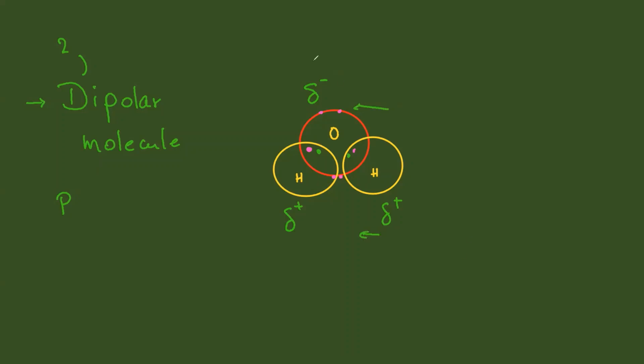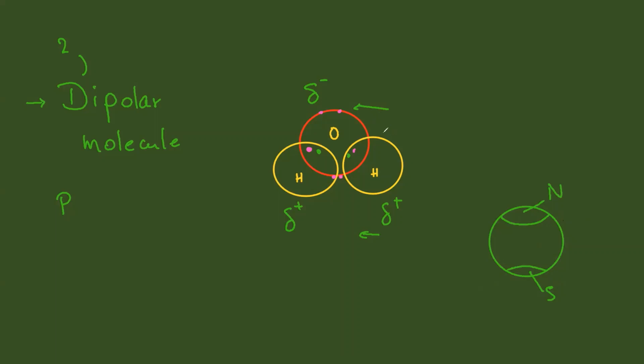Suppose you have a circle like this, or the Earth. This is one pole and this is the other pole. This is the northern pole, this is the southern pole. In the Earth, we have two poles, northern and southern. So anything that's found above, it's called a pole, and anything that's found below is called another pole.